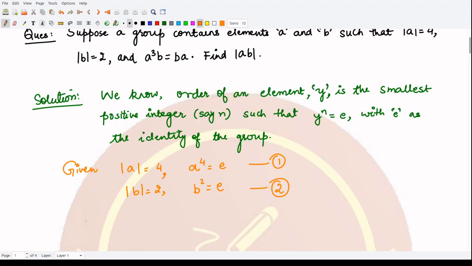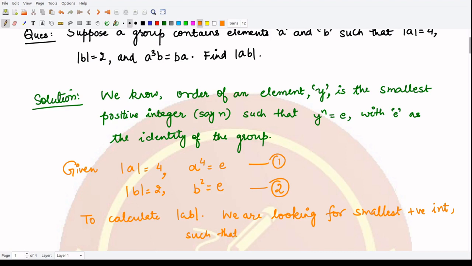Now we want to calculate the order of AB. For that we are looking for the smallest positive integer n such that AB raised to power n is equal to identity.